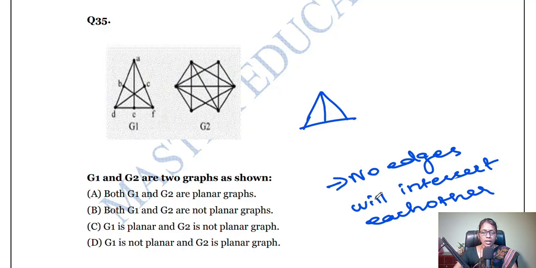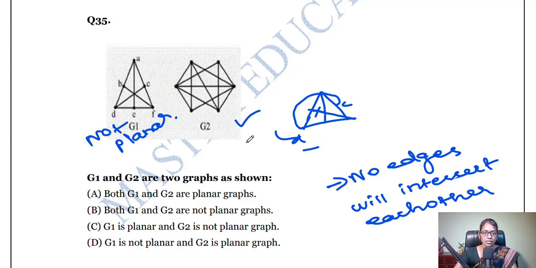Is it possible to draw the edge B to F? This is intersecting, so we cannot take this. I can draw C to D like this, but I cannot take this. If I take it this way also, it will intersect with another edge. So G1 is not a planar graph, but G2 is a planar graph.